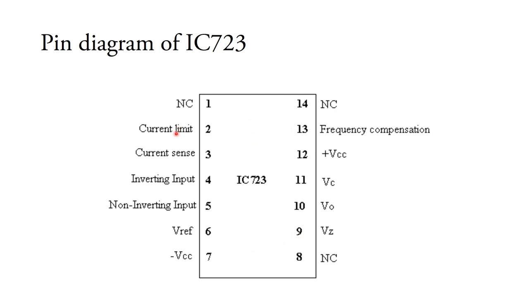First pin no connection, second current limit, third current sense, fourth inverting input, fifth non-inverting input, sixth V reference. 7 and 12 are the power supply terminals, minus VCC and plus VCC, to be provided to the reference amplifier and error amplifier. 8th is no connection, 9th is VZ, 10th is output voltage V0, 11 control voltage, 13 frequency compensation and 14 no connection. This is the general pin diagram of IC723.